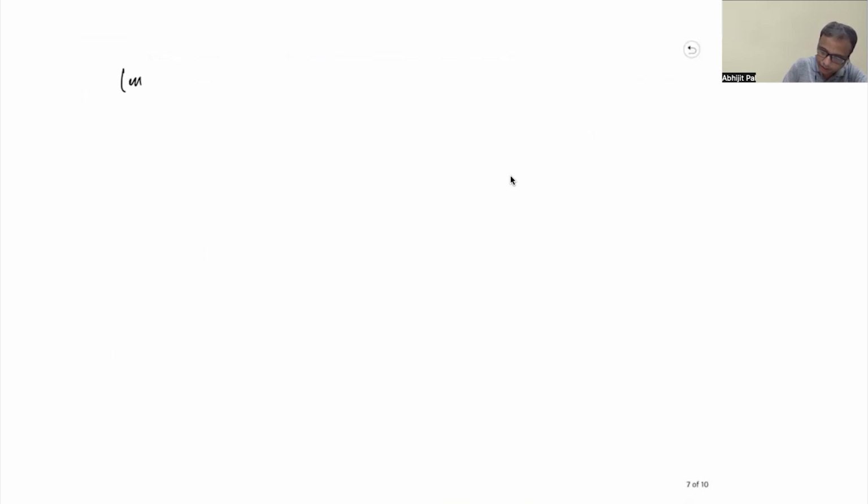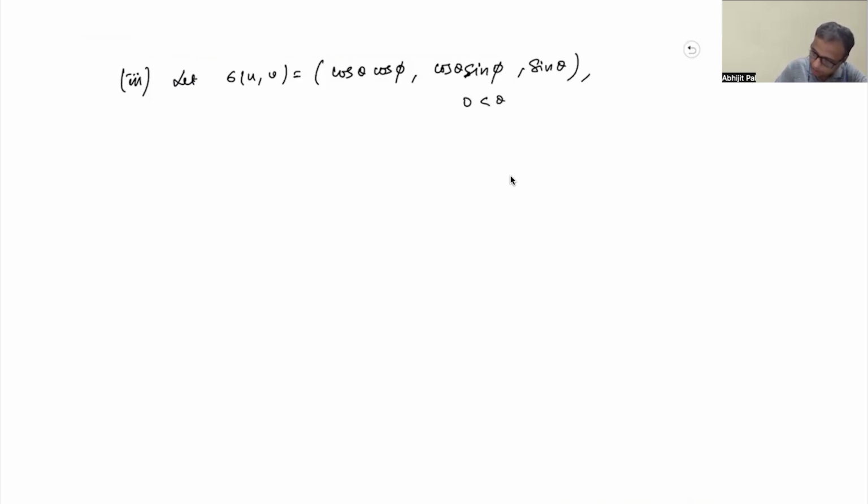Next, let us take a spherical surface patch. Let sigma(theta, phi) be equal to (cos theta cos phi, cos theta sin phi, sin theta), where theta is between 0 to pi and phi is between 0 to 2 pi. So this is a spherical surface patch.